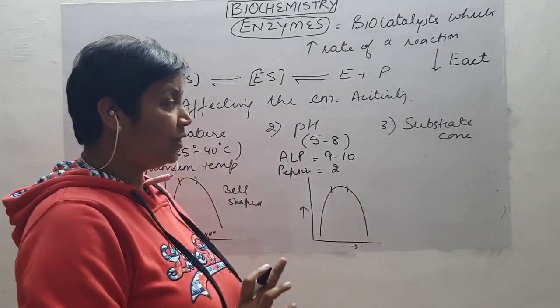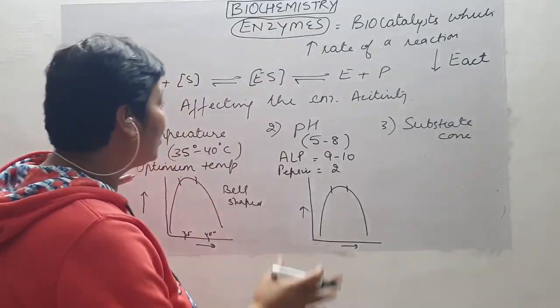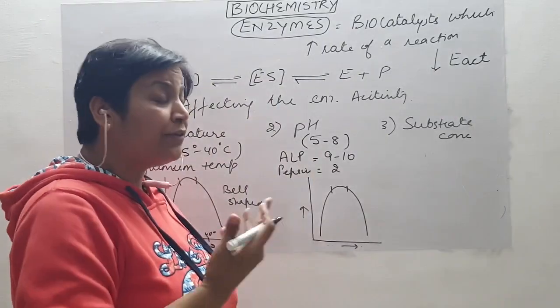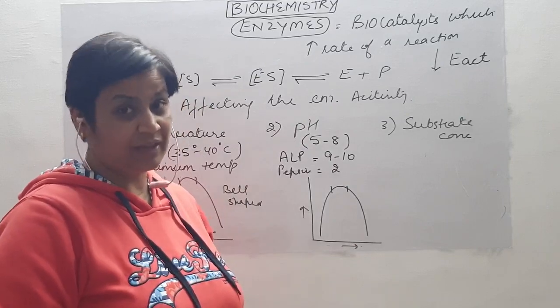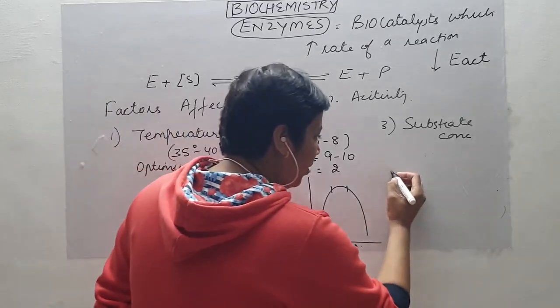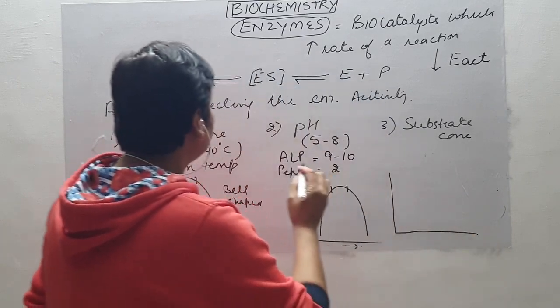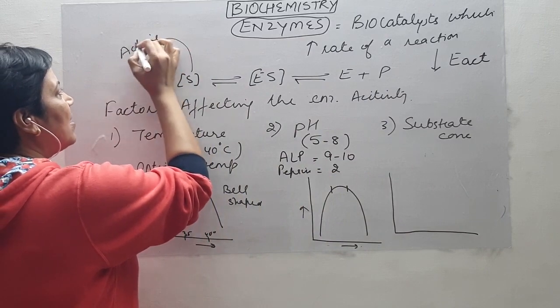Then we come over to the most important factor which is affecting, because ultimately it is the substrate which is there. So what is the effect of this substrate concentration on the activity of the enzyme? Now always remember, this substrate binds to the active site of the enzyme.